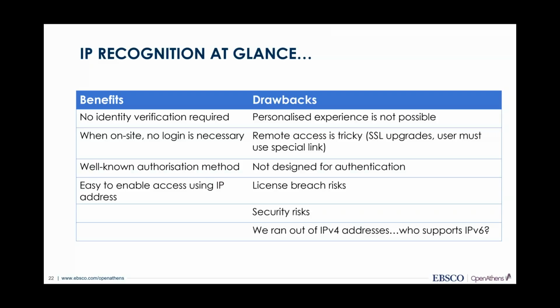And whilst no identity verification is required, which is absolutely great for those who love anonymity, personalization is also not possible, causing researchers to miss out on good features where they could store their bookmarks, store their research, and utilize those features on publisher websites.